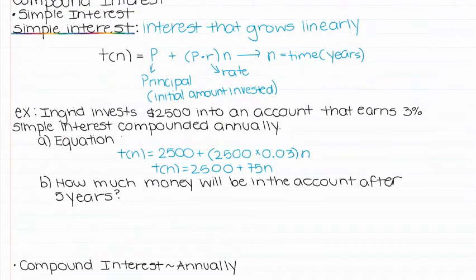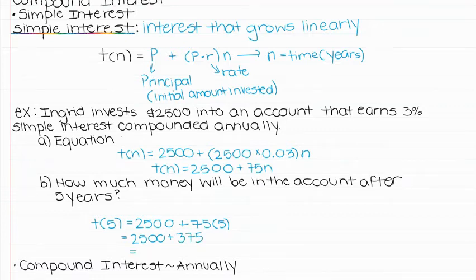So how much money will be in the account after 5 years? So what we would do is T of 5. So T of 5 equals 2,500 plus 75 times 5, because each year you're earning $75. So this would be 2,500 plus 75 times 5. 75 times 5 is 375.